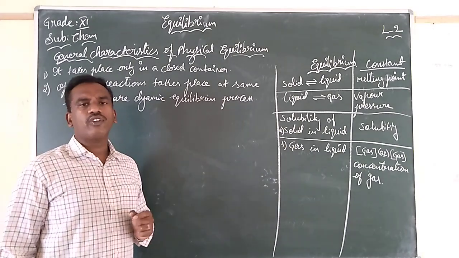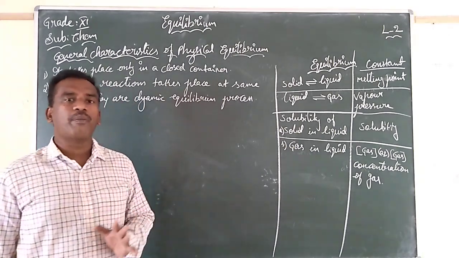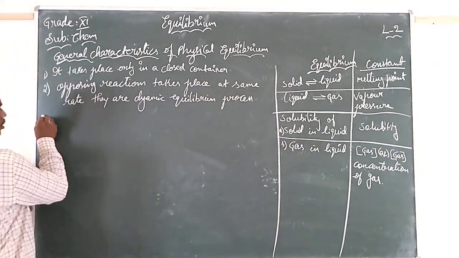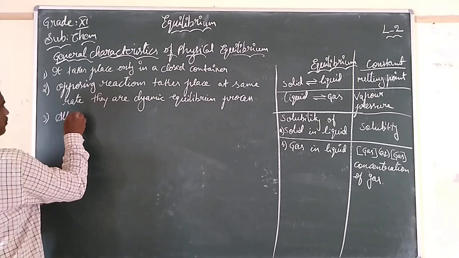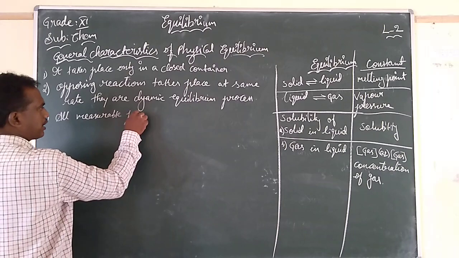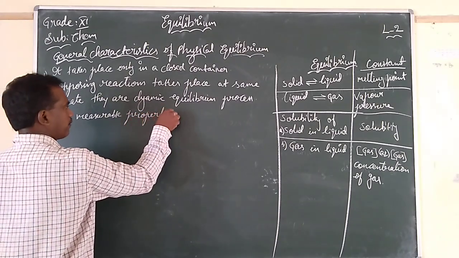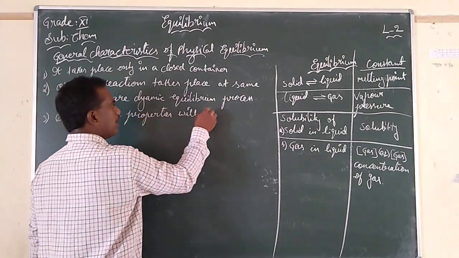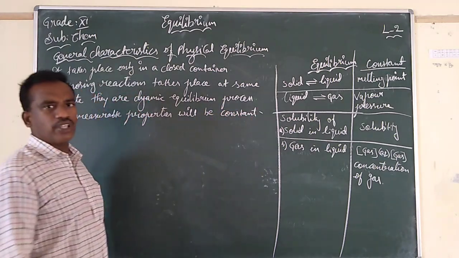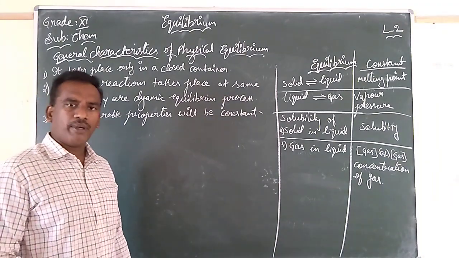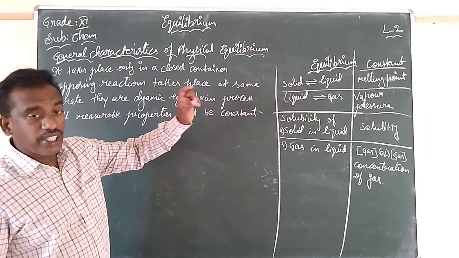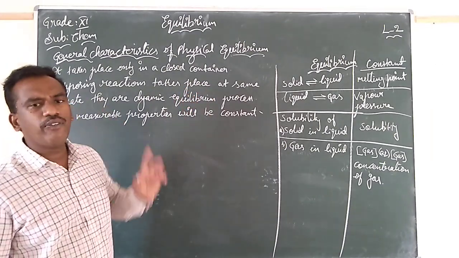And during this physical equilibrium, all measurable properties will be constant. All measurable properties means volume, pressure, temperature, this we can measure, no? They will be constant. And during each kind of physical equilibrium, one value will be constant.